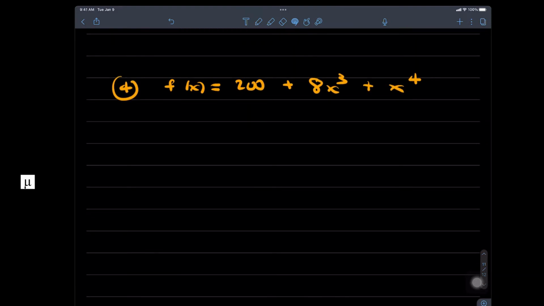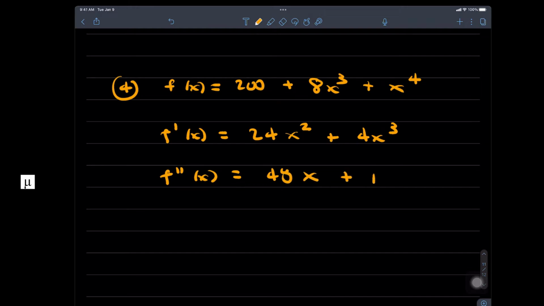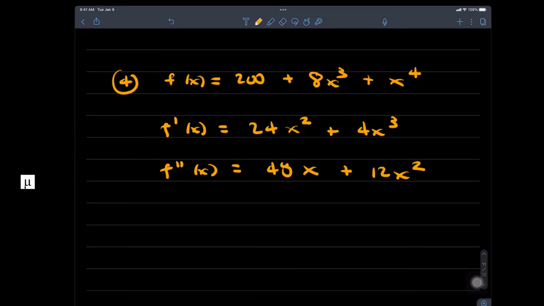Okay. So do you guys remember that first derivative? It's probably in your notes, but if it isn't, we can do this pretty quick, right? We're pretty good so far. So far, so good? Second derivative. Isn't it 48x plus 12x squared? You guys double check that.